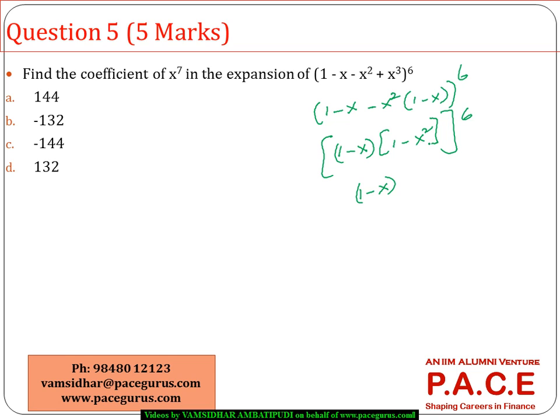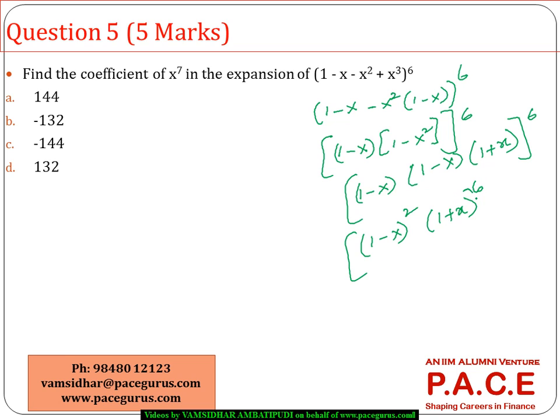So this entire thing to the power of 6 works out as 1 minus x whole squared into 1 plus x to the power 6, otherwise working out as 1 minus x to the power 12 into 1 plus x to the power 6.